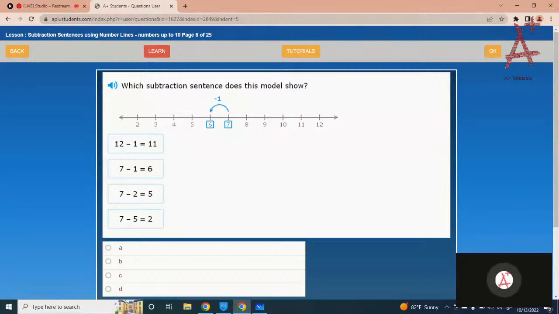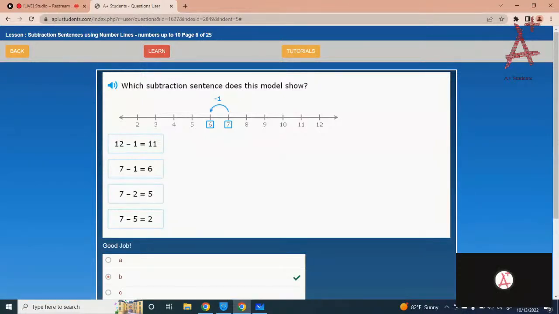So 7 take away 1 equals 6. Got it? So that would be 7 subtract 1 equals 6. So the second option is the correct one. Select the correct option and click on the OK button.